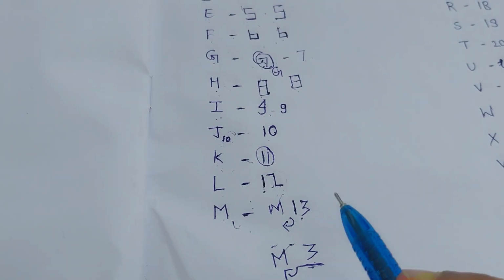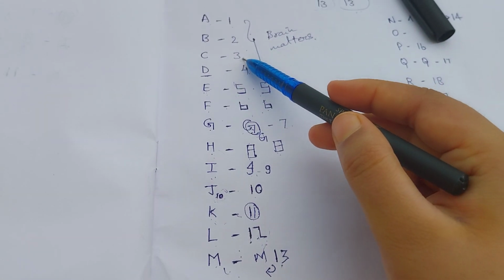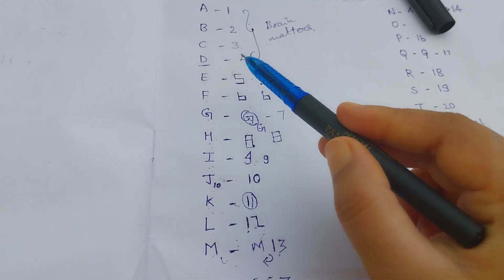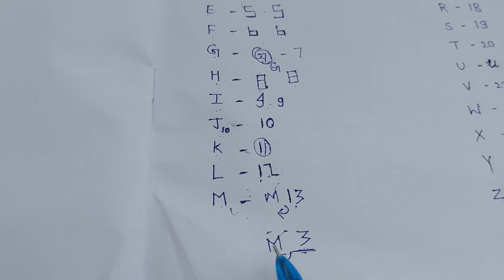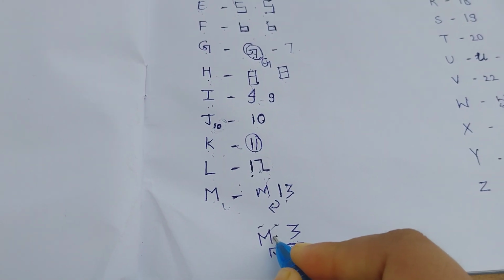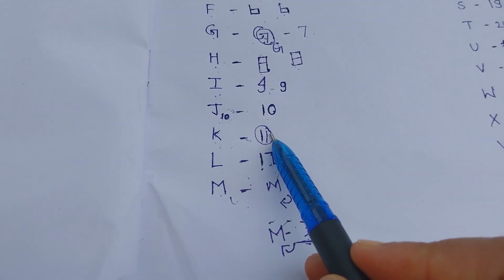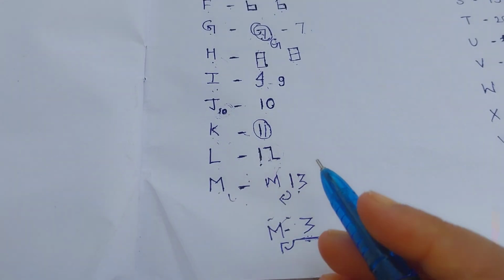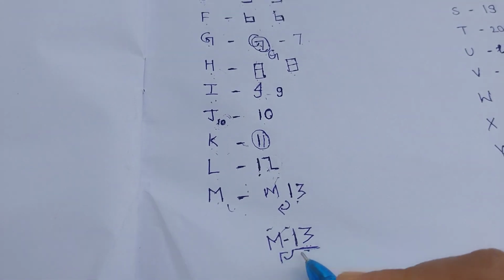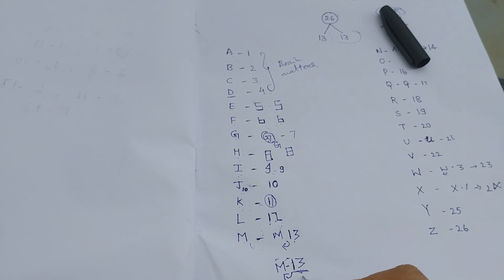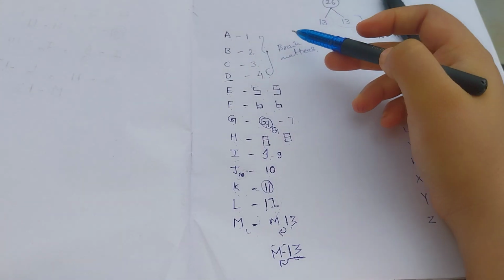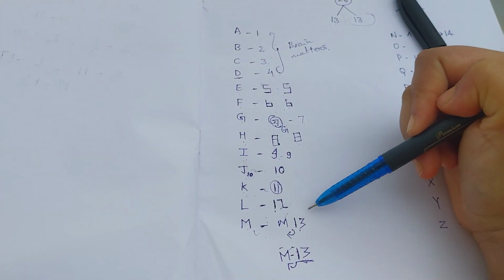Yes. So again the same thing: the first 3 in the first half stands for C, and the second 3 in the first half stands for M, and the two-digit numbers in the first half start with 1, so this one would be 13. So till here we have covered the first half of the alphabets.